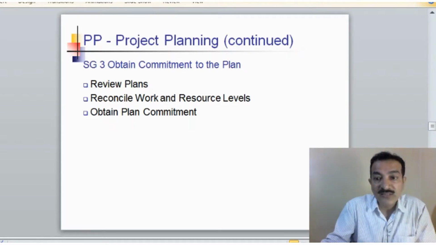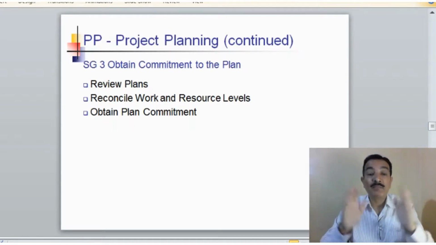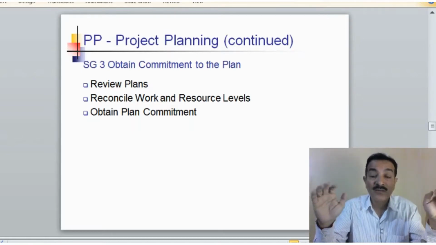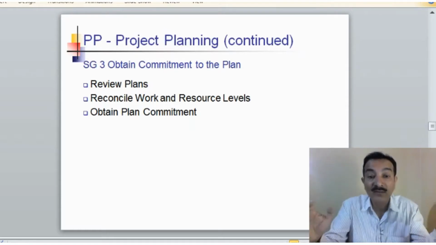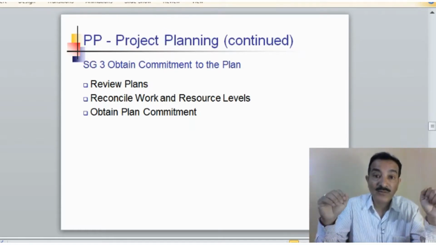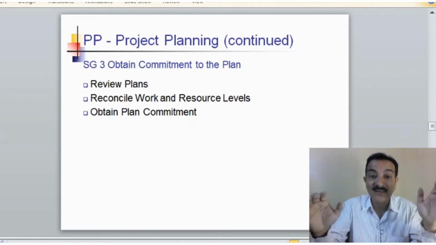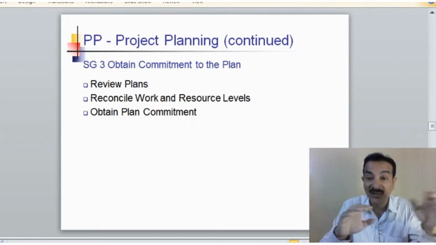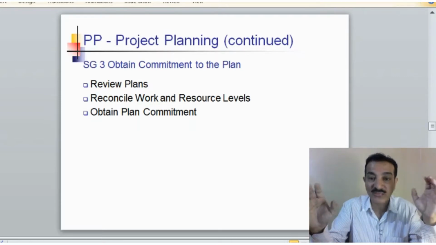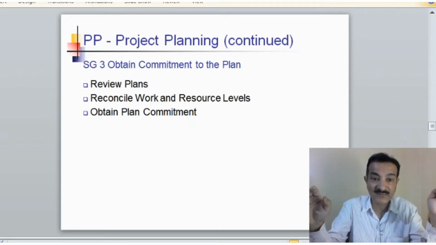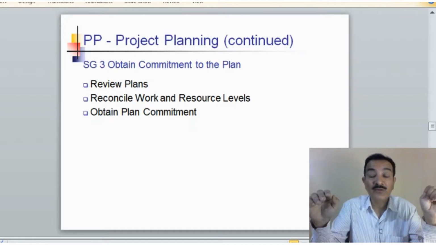So you will ensure that the plans are reviewed and you got the commitment for going ahead with the plan. And if things are changed, you reconcile the work and the resource levels again, and manage the resources. You plan the commitment, you obtain the commitment.